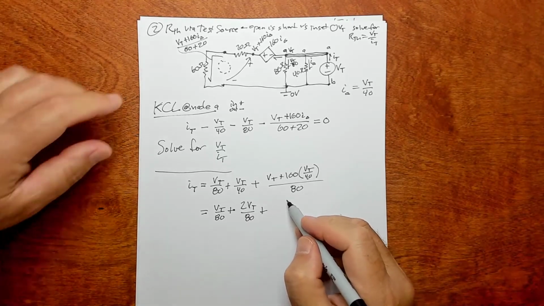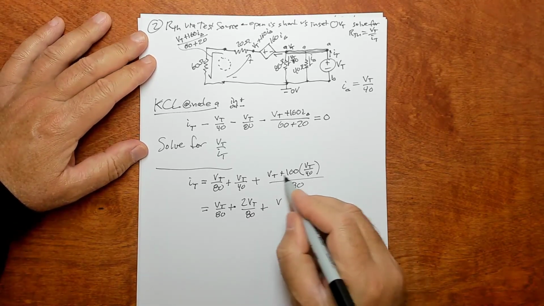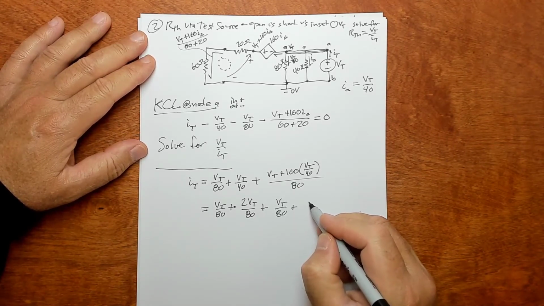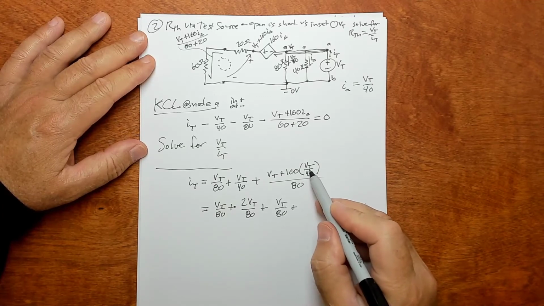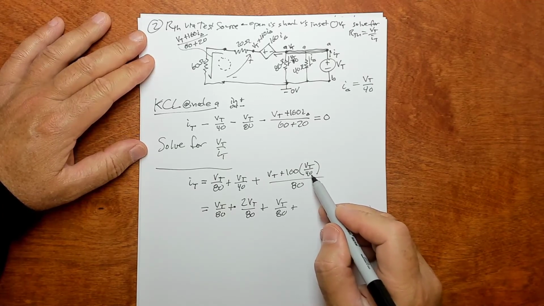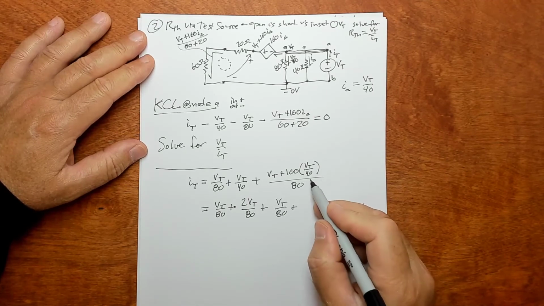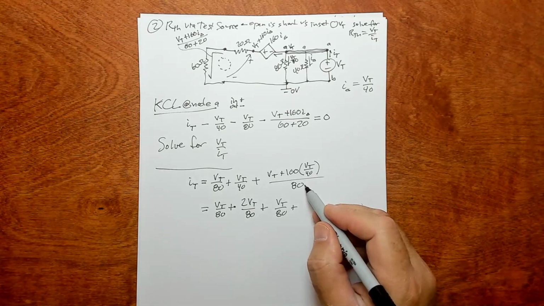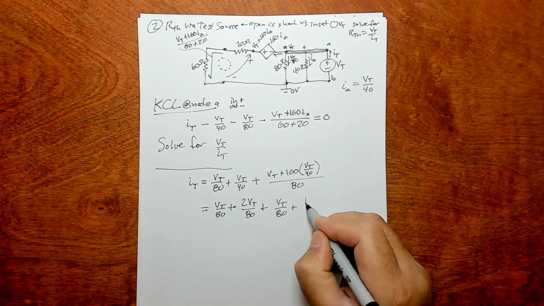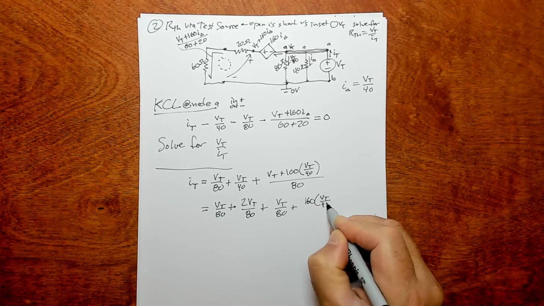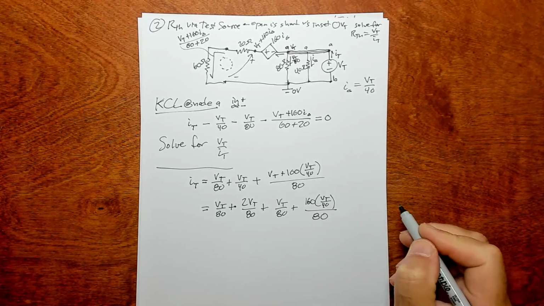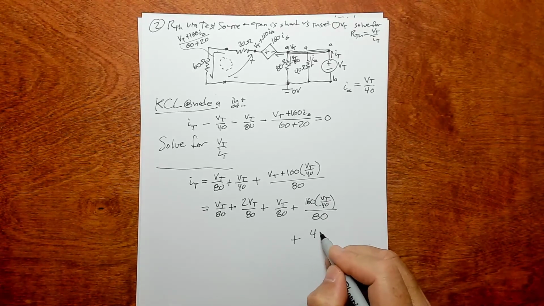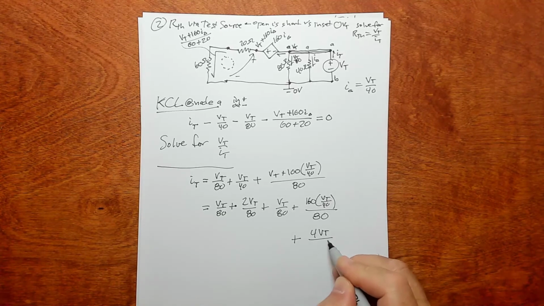And then I could factor these guys apart. This thing, I could factor it into VT over 80 plus 160 times VT over 40, over 80. Which is, let's see, 160 over 40 is 4, so 4 VT over 80.